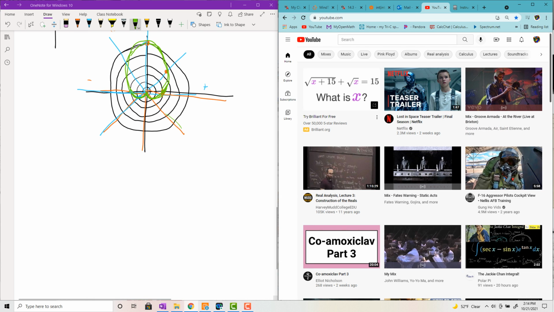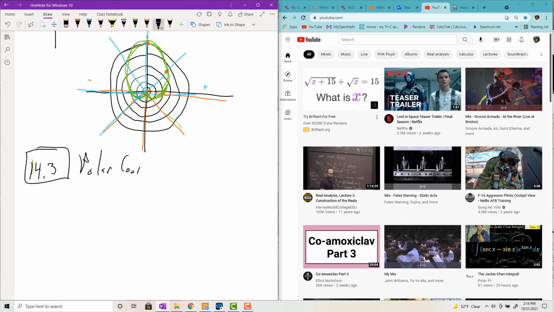Okay, so let's move on to Calc 3, officially now 14.3, I guess, and see what we're up against. Polar coordinates. So double integral in polar coordinates. Eventually we'll do triple integrals as well.